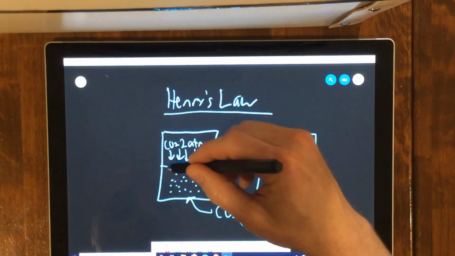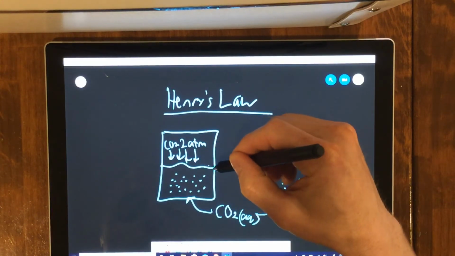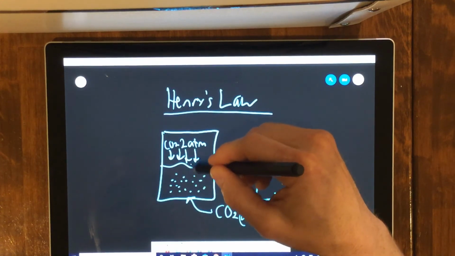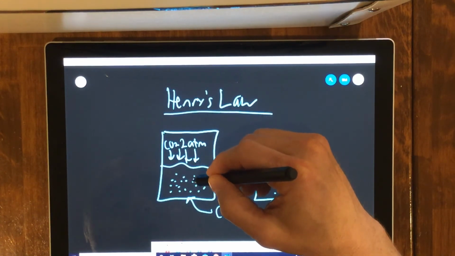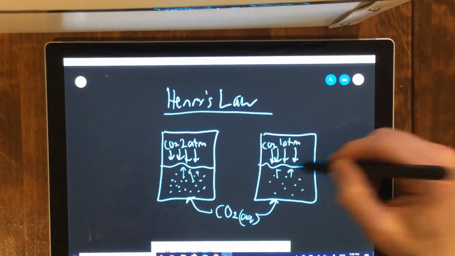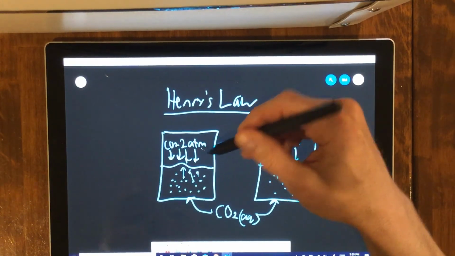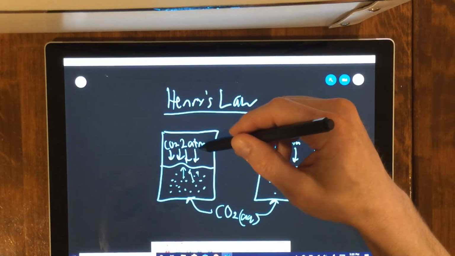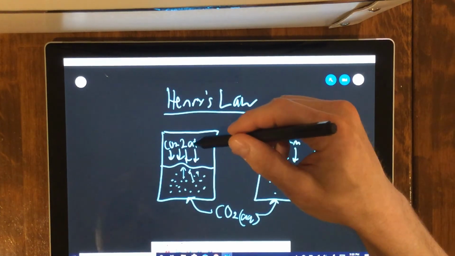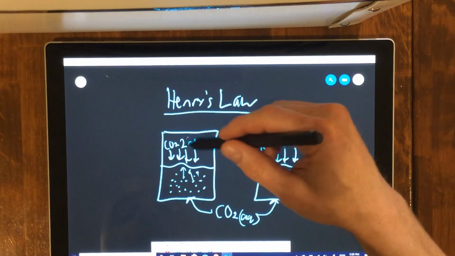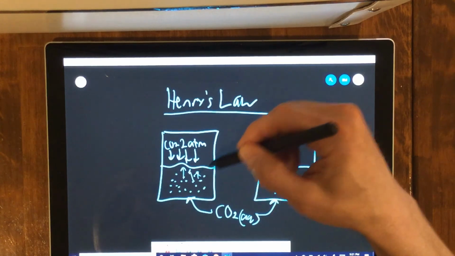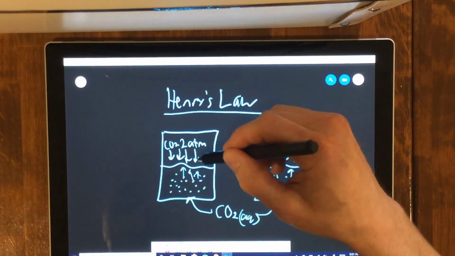All right, so think about it like this, the surface of the liquid or the water or soda, which you shouldn't be drinking, imagine that's kind of like the battleground here. So the CO2 is trying to get out, right? They're trying to get out. And then the CO2 on the top is trying to get in. So if this is stronger than this, so 2 atm is definitely going to have a higher pressure than the pressure of the gas trying to get out.